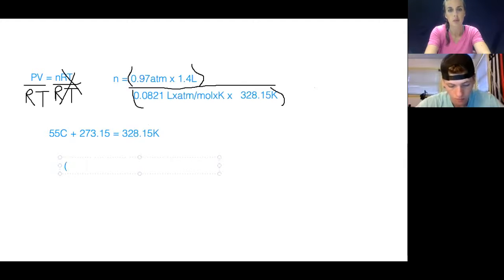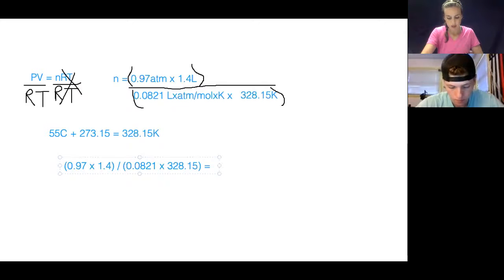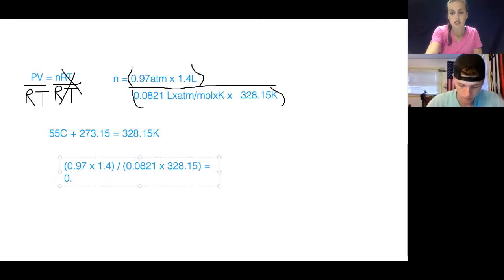You have, open your parentheses, 0.97 times 1.4, close your parentheses, divided by, open a new parentheses, 0.0821 times 328.15, close your parentheses. And that should give you 0.050. And that was moles. We were solving for n right there. So this is moles of oxygen.